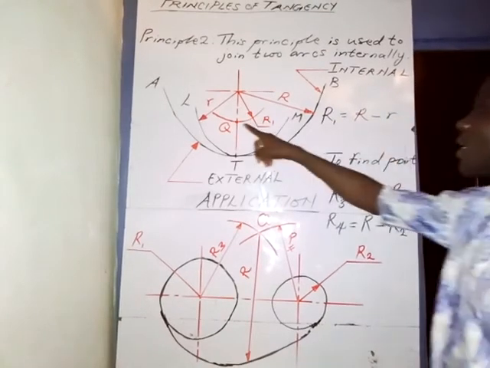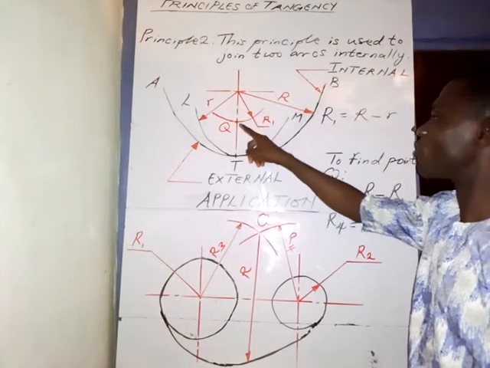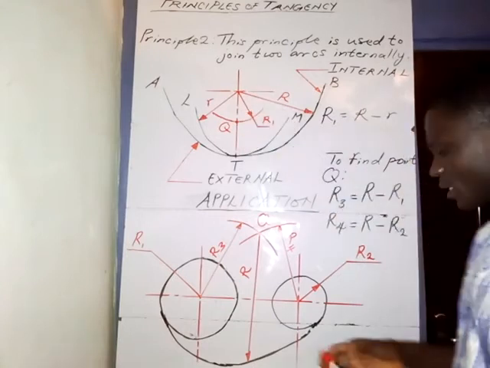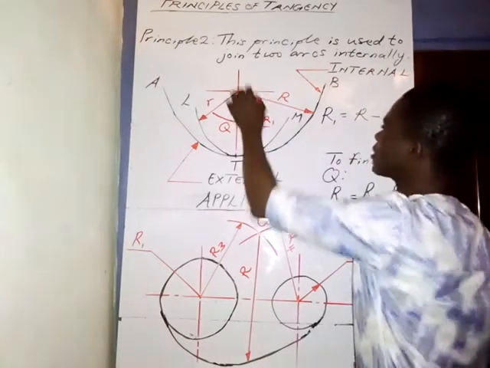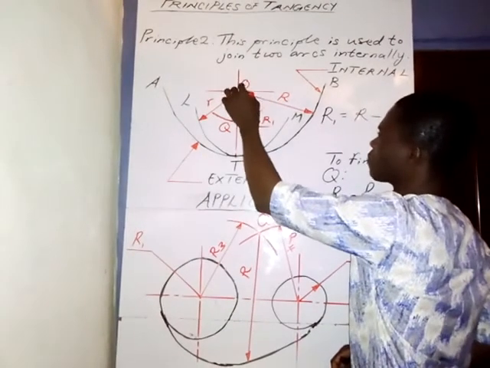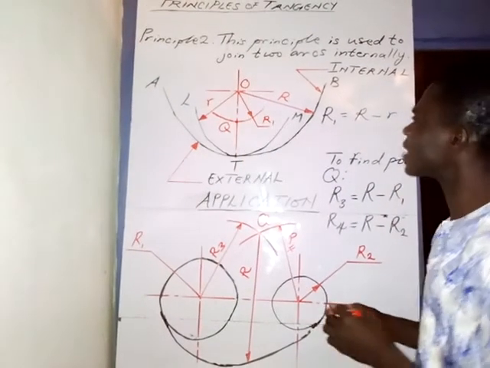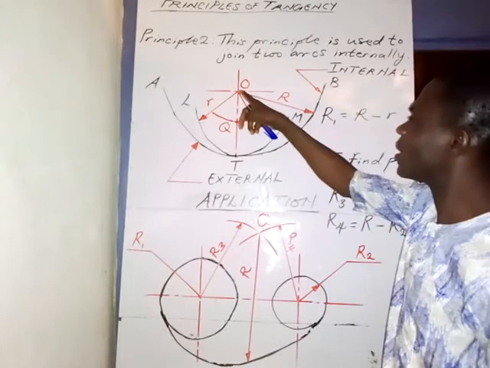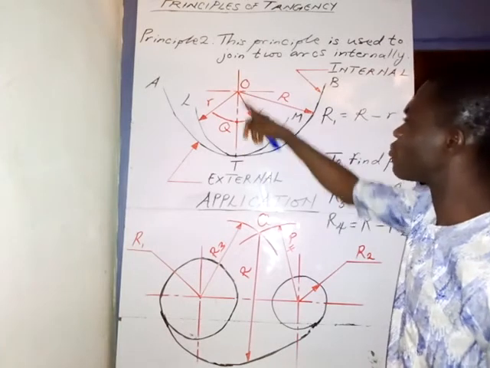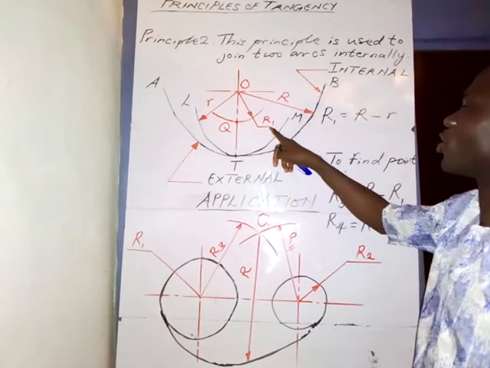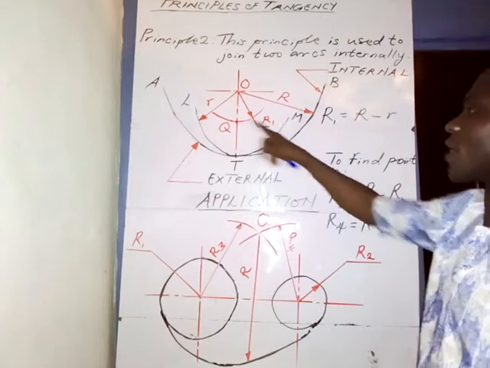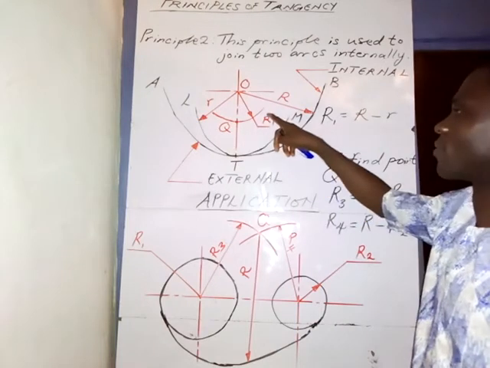If you look at this, let me call this point O here. The distance of point Q from O is radius R1. You can see that we drew an arc here.